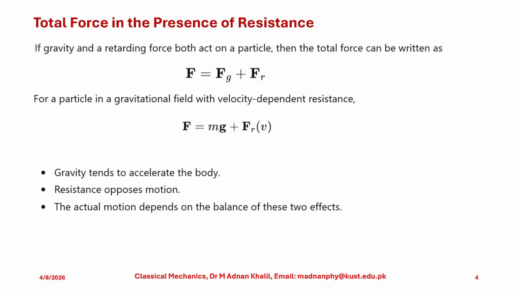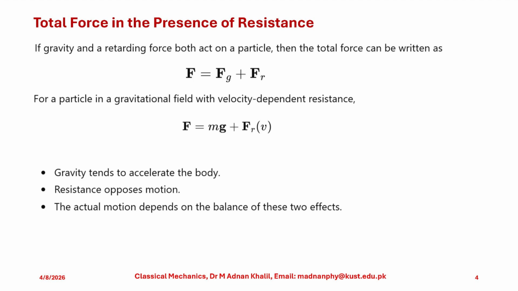Newton's second law still works in the same way, but now the net force contains more than one contribution. The expression F equals F_g plus F_r tells us that the actual motion depends on the combined effect of the driving and resisting forces.